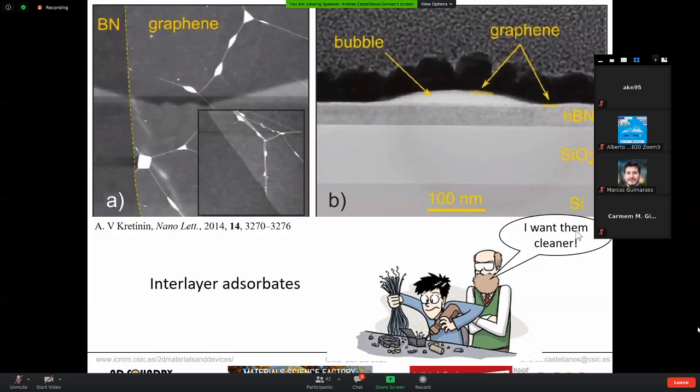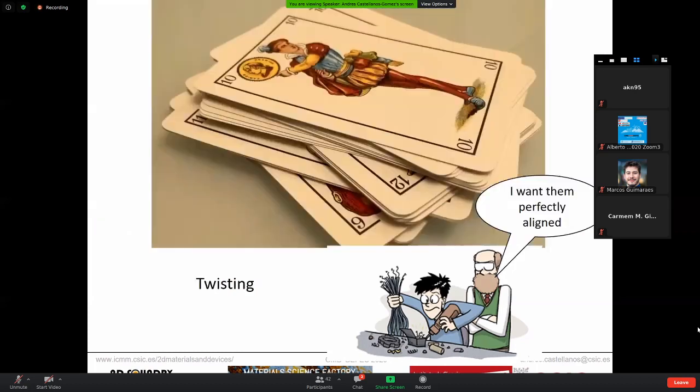Apart from the cleanliness, there is also the problem with the twisting angle. When you start piling layers on top of each other, there is a chance that they are not perfectly aligned, right? So you have to have a certain degree of control on the twisting angle, because for certain physical applications, in order to observe certain physical phenomena, you want really, really good control on the twisting angle.